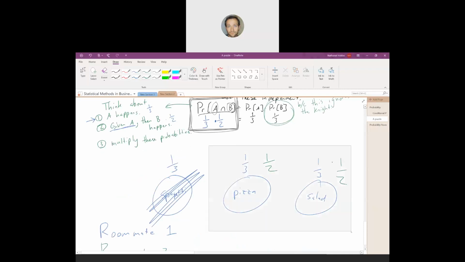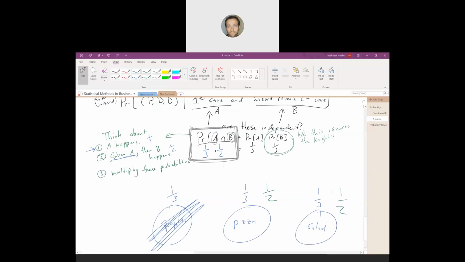It restricts what the wizard can do. Now the wizard only has 2 choices. If there's no knight, the wizard has 3 choices. But as soon as the knight chooses a cave, the wizard is forced to work between only 2 things. That's what's happening on this left-hand side, and that's where these numbers are coming from.